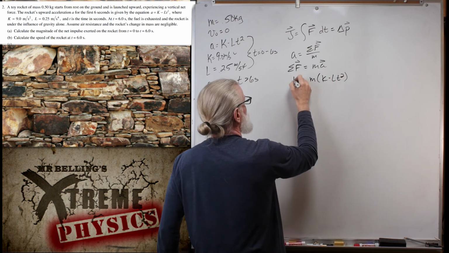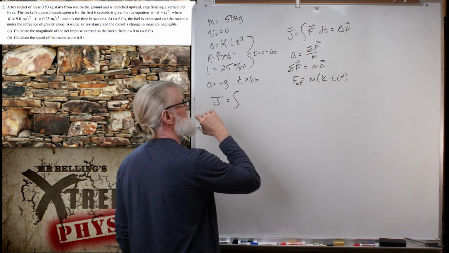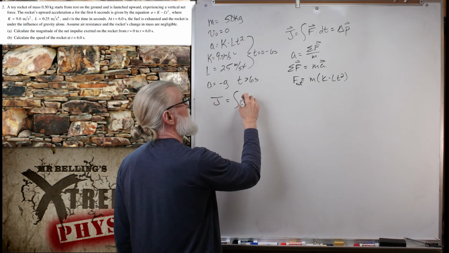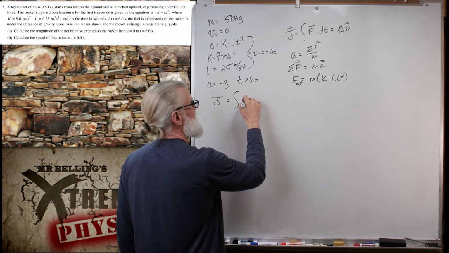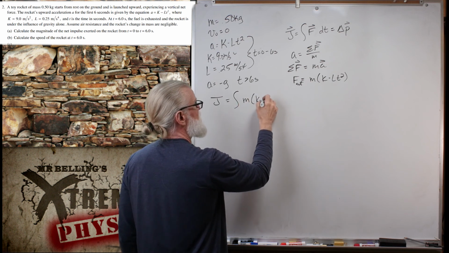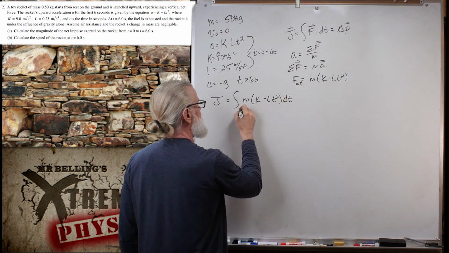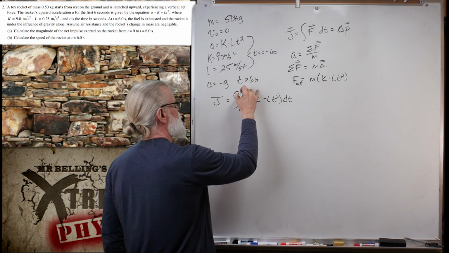That is the net force, I'll just put F net. The magnitude of the impulse is going to be in the upward direction. Let's just calculate the magnitude. It's going to be m times K minus L t squared dt as time goes from 0 to 6, since we want it for the whole 6 seconds.